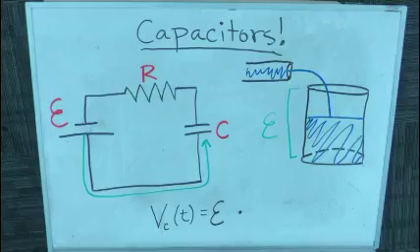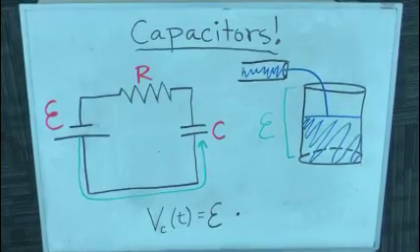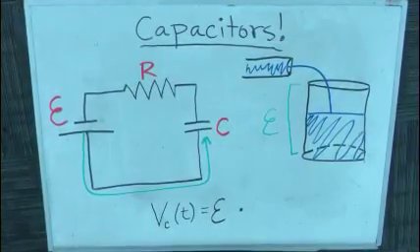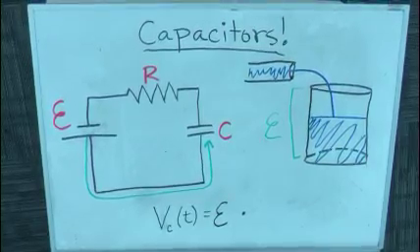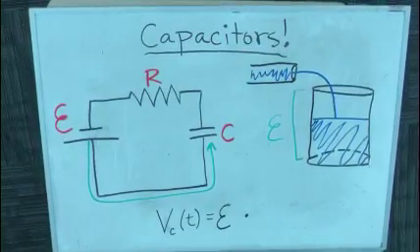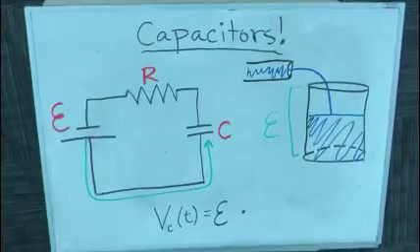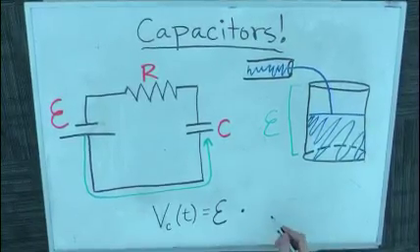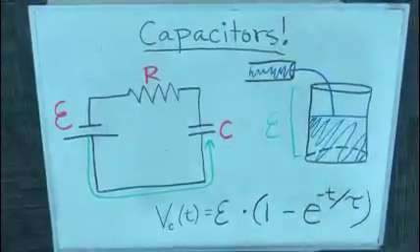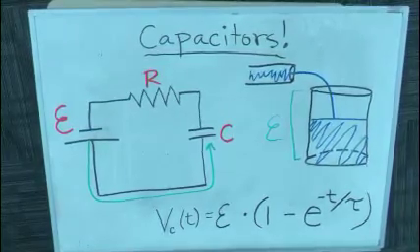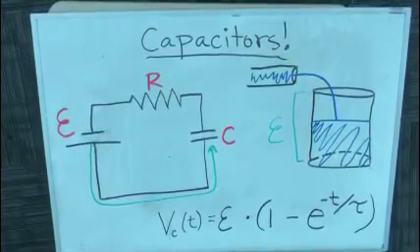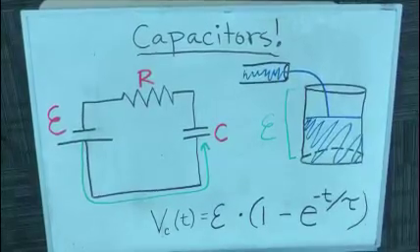However, because e is raised to the negative t over tau, that goes to 0 at t equals infinity. So we write 1 minus that. And we get our equation which models the voltage across a capacitor at a certain time.